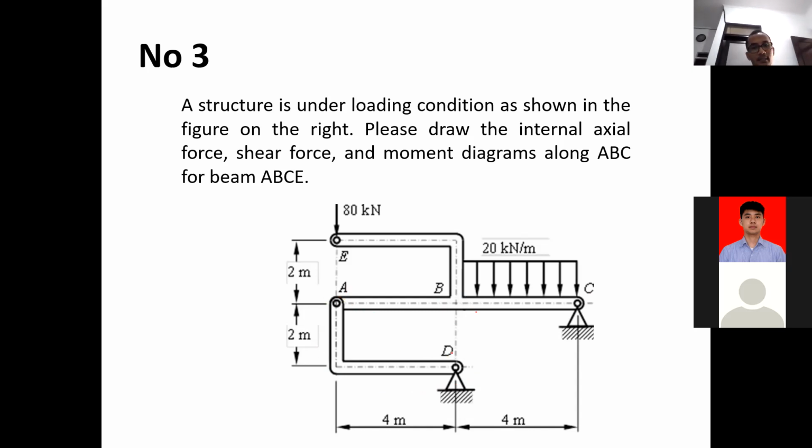That's why when we try to find out the reaction at A and at C, it will be quite simpler. So what we have to draw is just like this. This will be the free body diagram later.